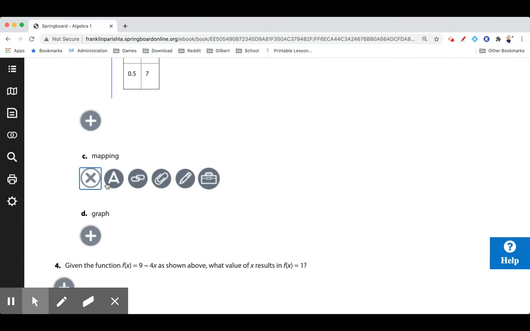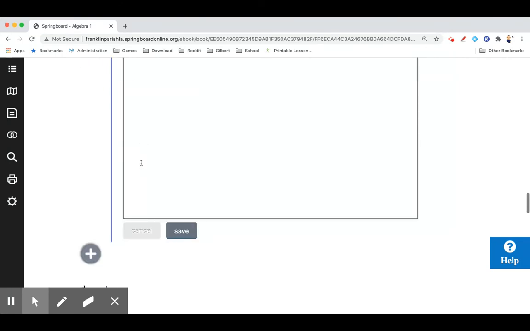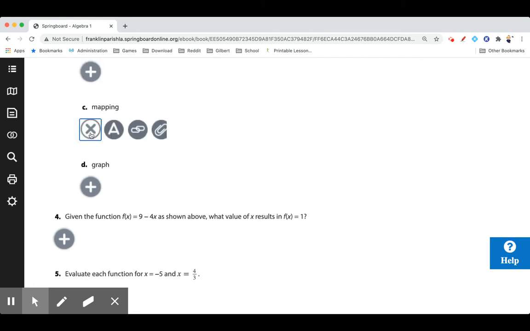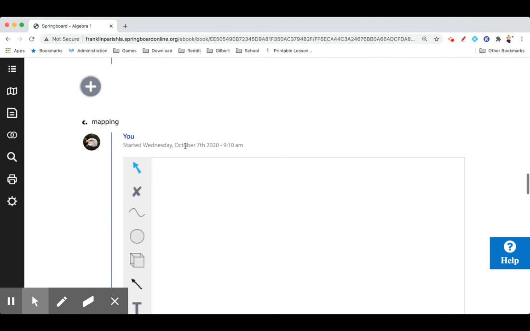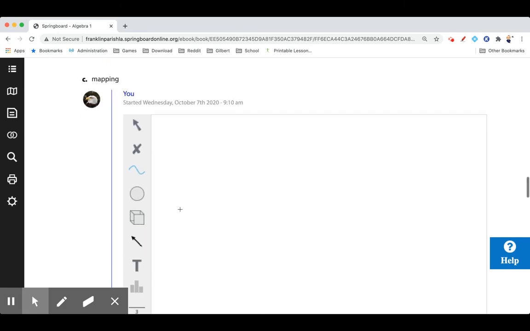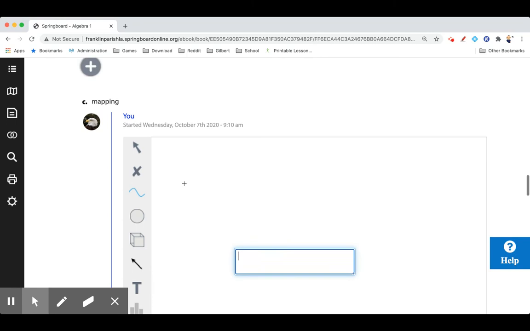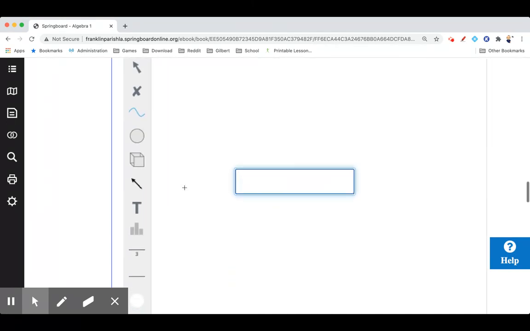Mapping is a little tricky. Let me use the drawing part. Five, negative 3, and 0.5.